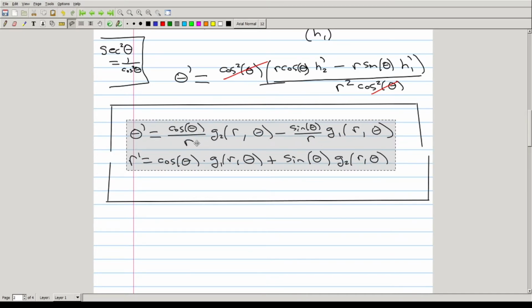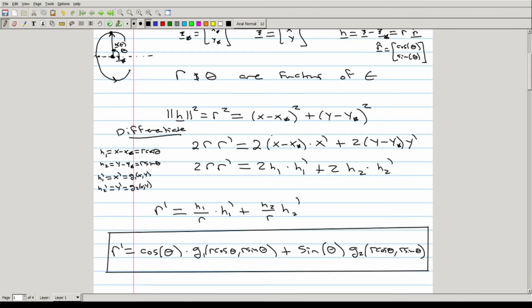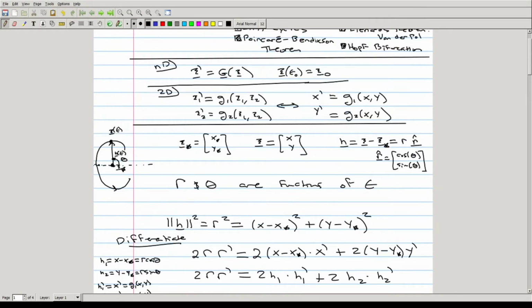I want to emphasize that if x star and y star are non-zero, when you plug in for x and y here, you have to make sure that you do this shifting, because if x minus x star is equal to r cosine theta, for instance, you have to plug in for x here x star plus r cosine theta.